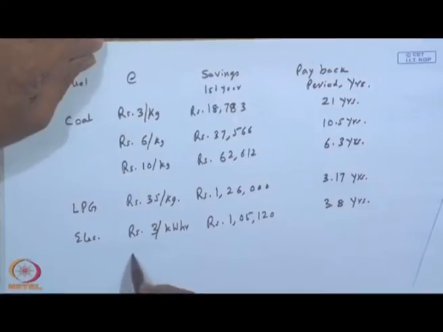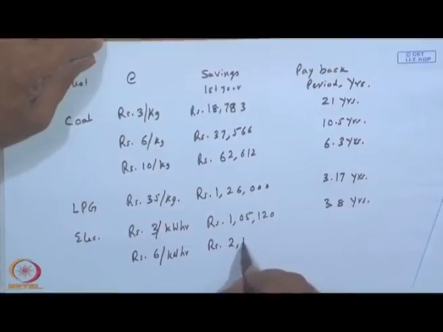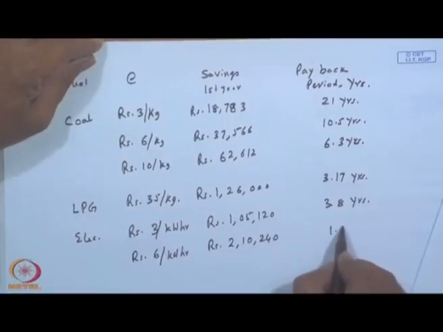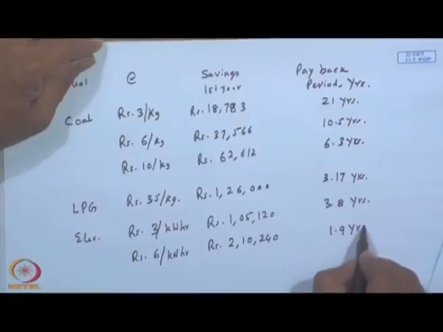And in the domestic bills I have verified, it varies from 2 rupees 75 paisa to 7 rupees or so, depending upon the block. And if somebody is using an electric geyser, we will definitely be in that higher range. This comes to 1.9 years.